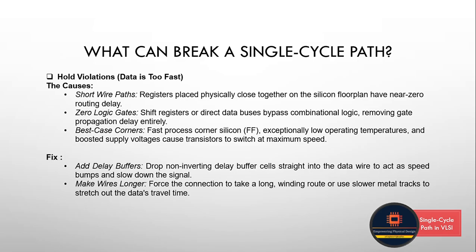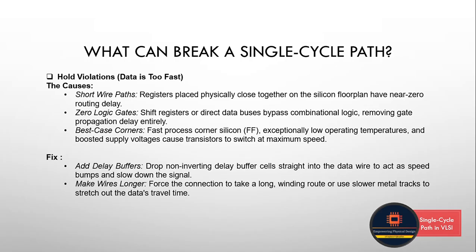Now for hold, what is the thing? Hold means the data is too fast. So what can make it fast? It can happen that short paths are there, that means very little space, near zero routing delay. That can happen. Or probably there are no logic gates, like shift registers or direct buses, so it is just removing any propagation delay.